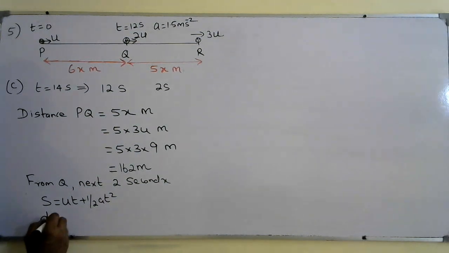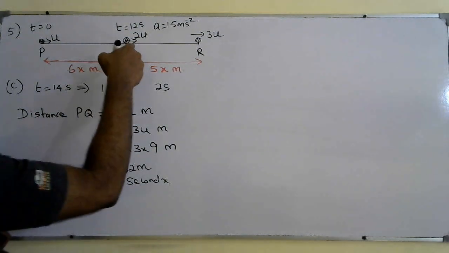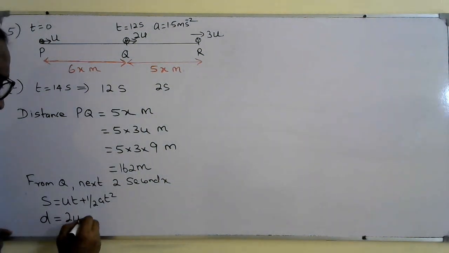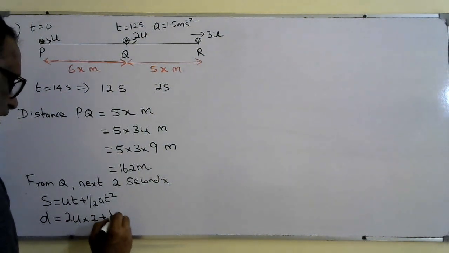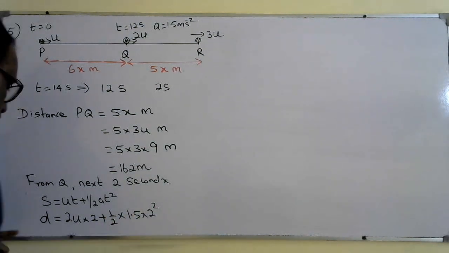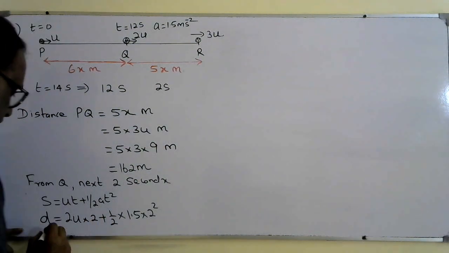That is d equals the initial speed at Q, 2u, into 2, plus half into acceleration 1.5 into 2 squared.